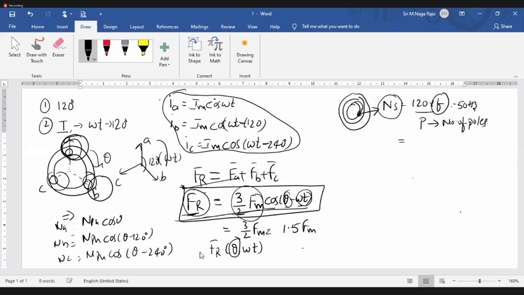Now tell me, once the machine is designed, the supply is constant in India, 50 Hz, no change. Once the machine is designed with 4 poles, can we change the poles while running, after manufacturing the machine? No. So 50 is constant, 120 is constant, and the number of poles is also constant once the machine is designed and manufactured.